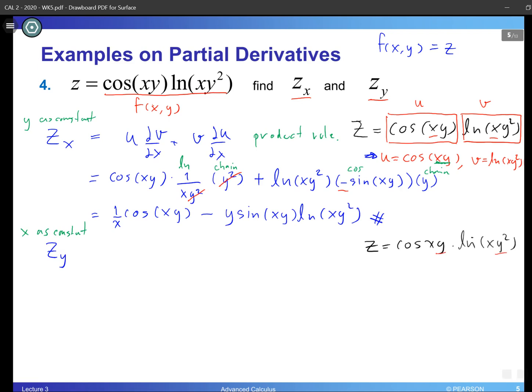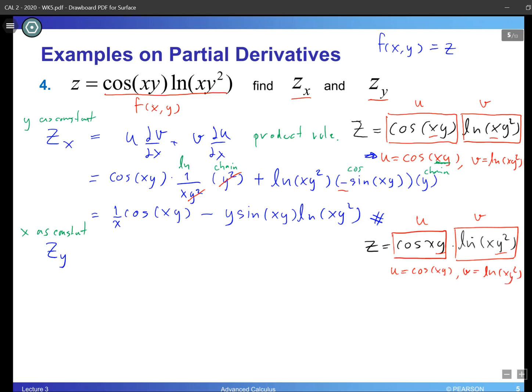We have y right here with the cosine and y right here in the ln again. So definitely there are two terms with y in them, and they are multiplied together, so we have a product of u and v. We need to apply the product rule. u is equal to cosine of xy and v is equal to ln of xy squared.